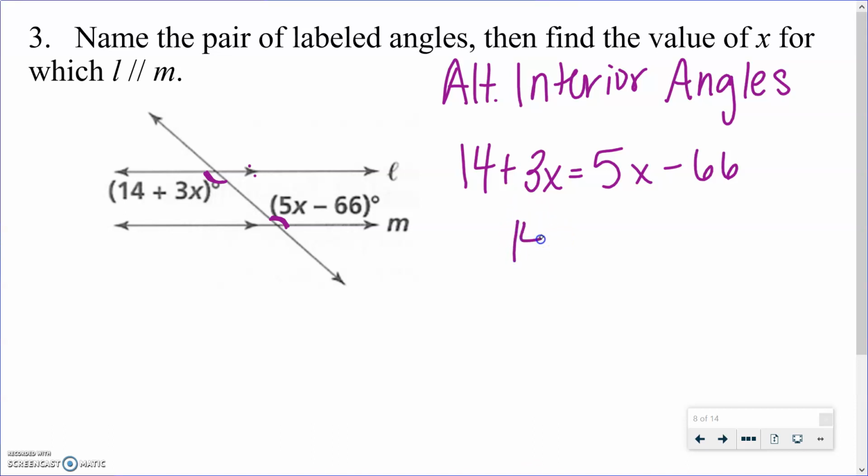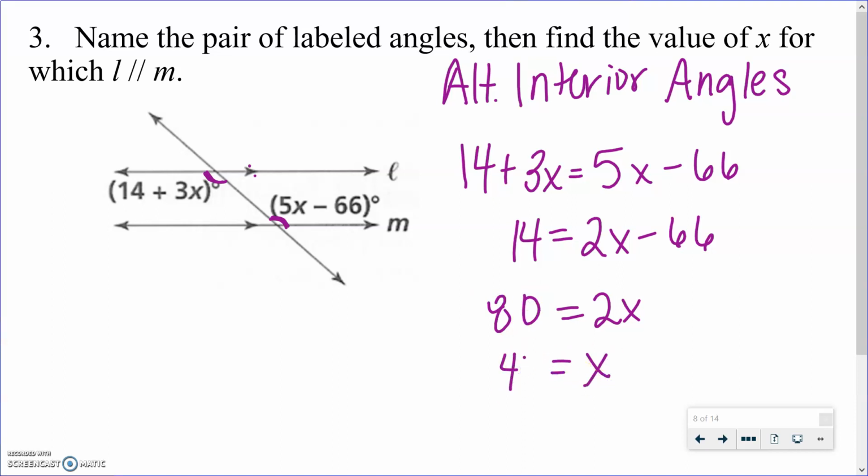We'll take away 3x, then add 66 to both sides and divide by 2. So the value of x is 40. If you plugged in 40 for x, both those angles should be the same.